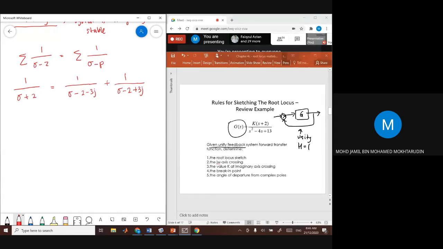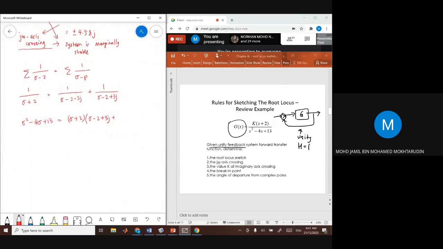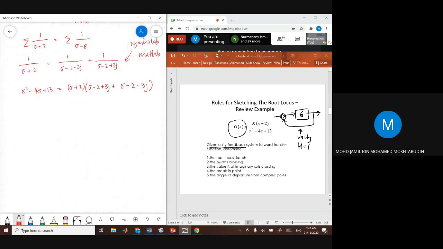Okay, simplify. Okay, since you will do the exam online, you can do this in Symbolab or Matlab, okay? But if the exam is face to face, you have to calculate it yourself.